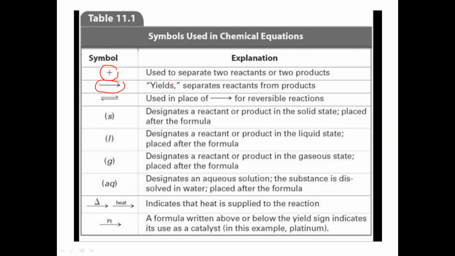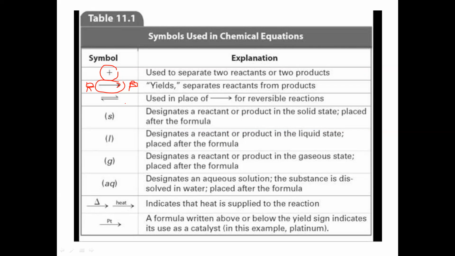This is the one that separates the reactants and the products. This yield or arrow sign also points you to the product. The usual pattern is the reactants are on the left and the products are on the right.